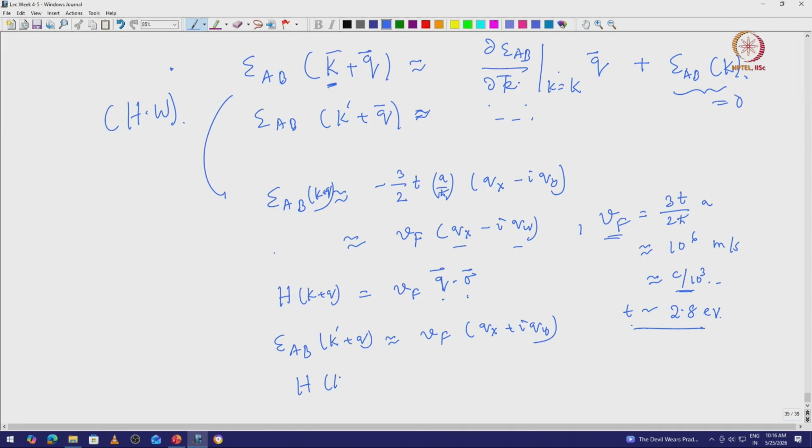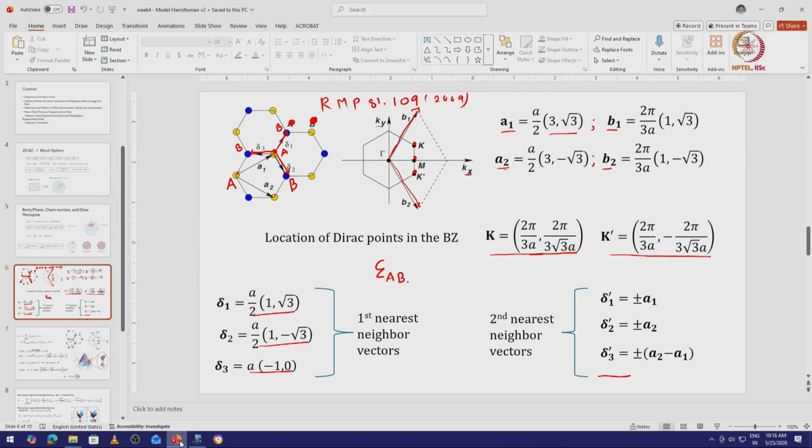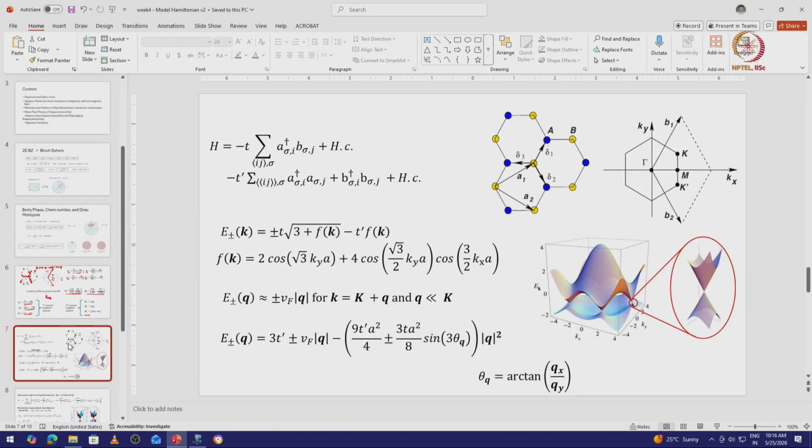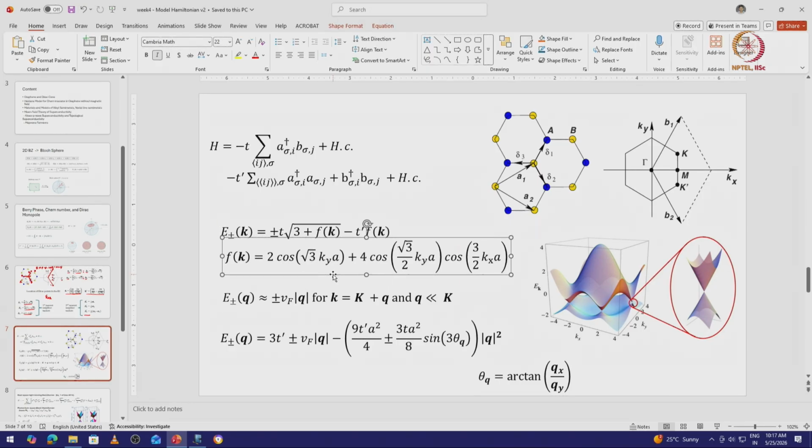So H around k prime star. Okay. And so I have just reported you these dispersions.